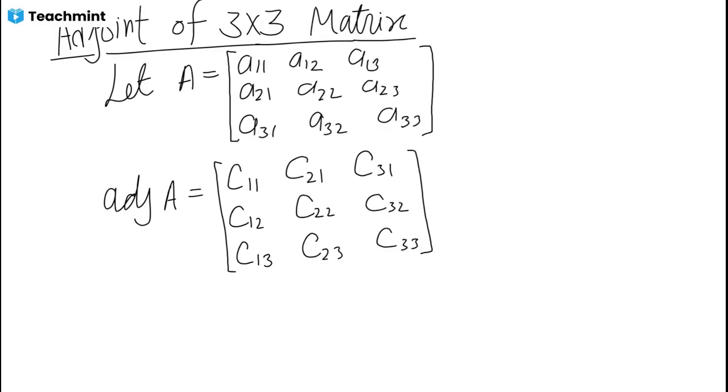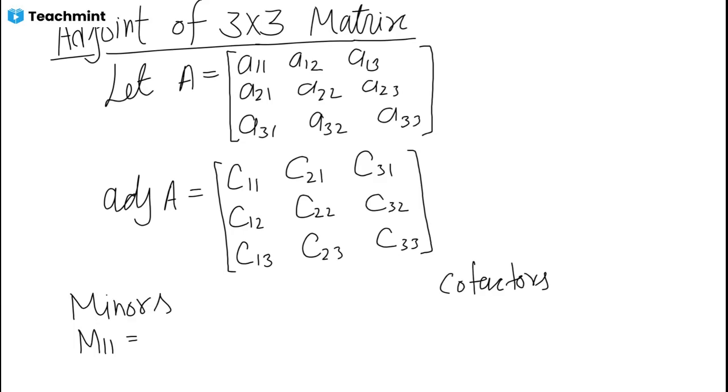And now we need to find these elements from C11 to C33. So let us understand what they are. To understand that, we need to understand minors and cofactors also. Here we are finding cofactors. First M11 means we are taking the first row and first column.